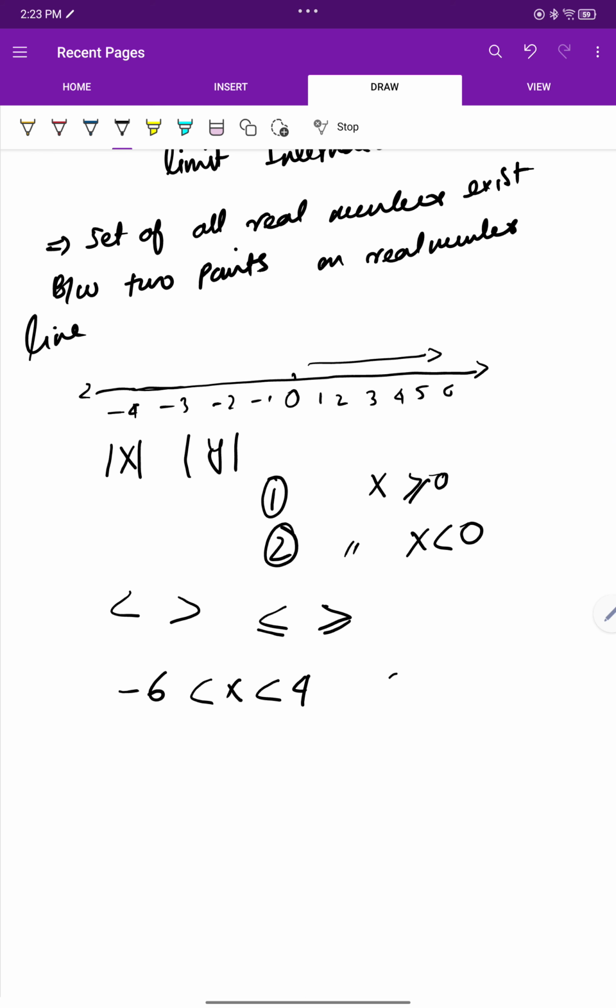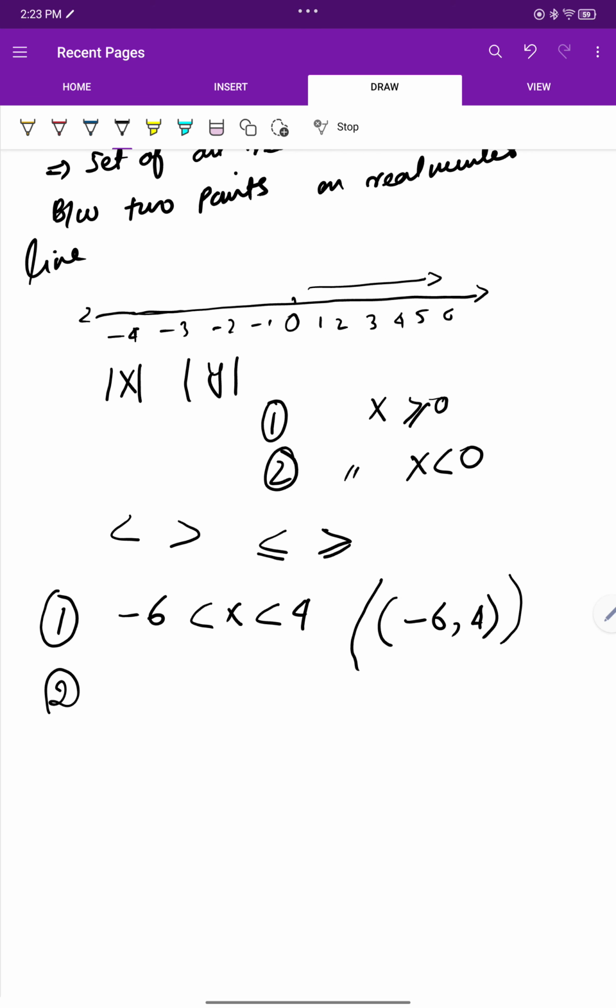So here I can write down this is 4. So here is from -6, but -6 and 4 is not included. This is parenthesis, a small bracket. This is the first condition we represent.